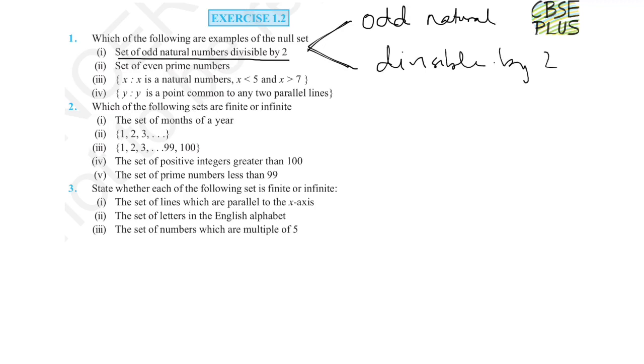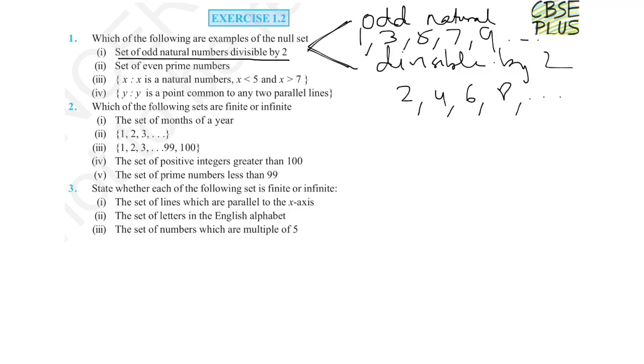Odd natural numbers are like 1, 3, 5, 7, 9, etc. And divisible by 2 is something like 2, 4, 6, 8, all the even numbers, and so on.